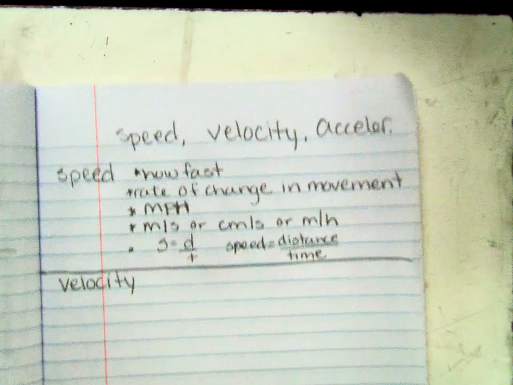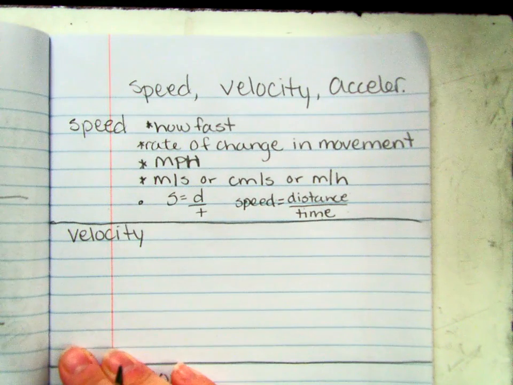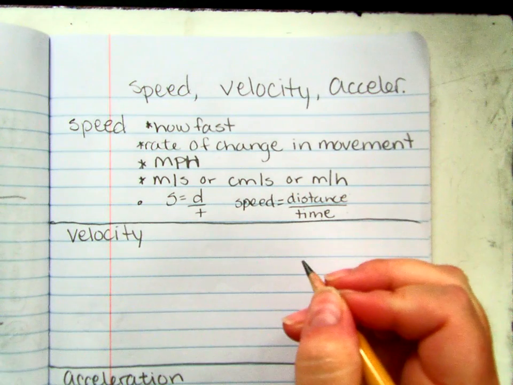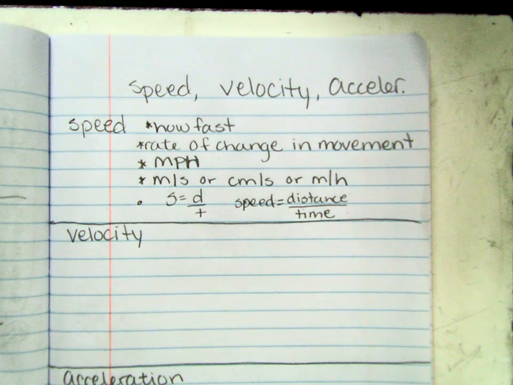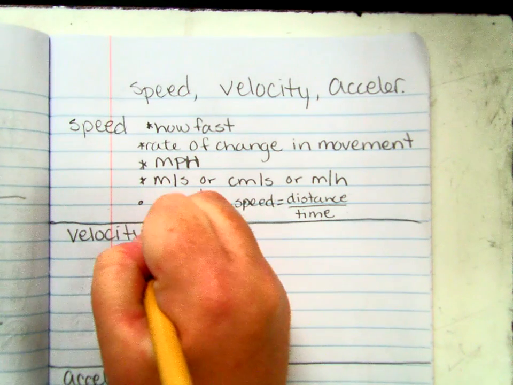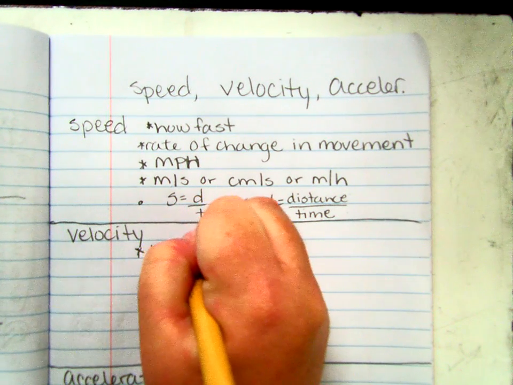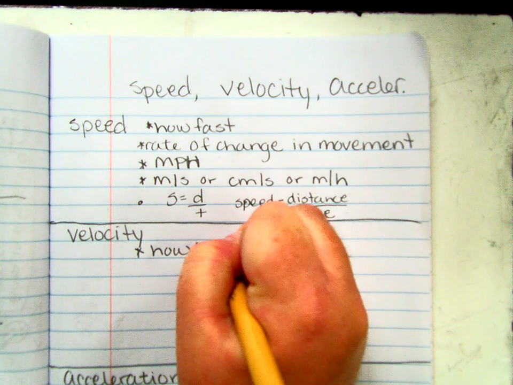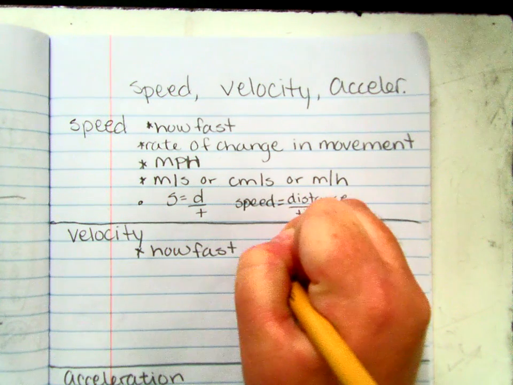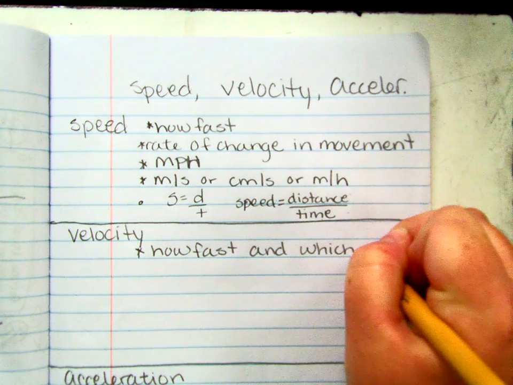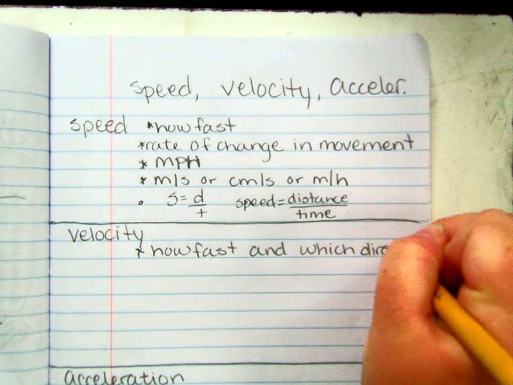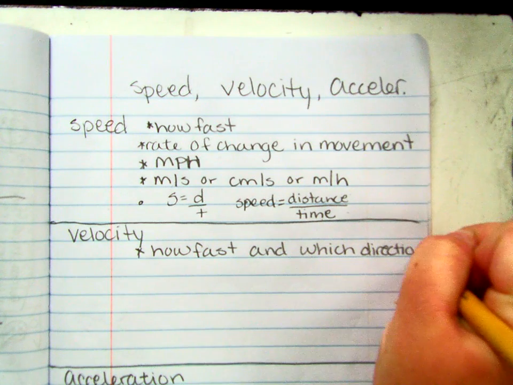Now let's talk about velocity for a second. We're going to come back to speed. So velocity is pretty much what speed is, but we're adding something to it. So velocity is how fast and which direction. How fast and in which direction.